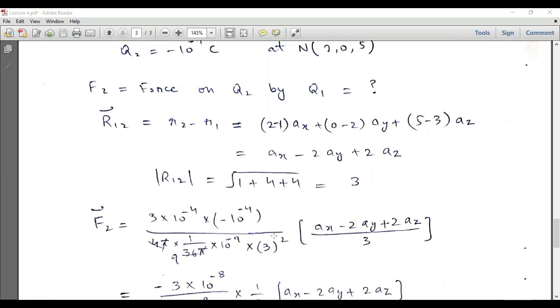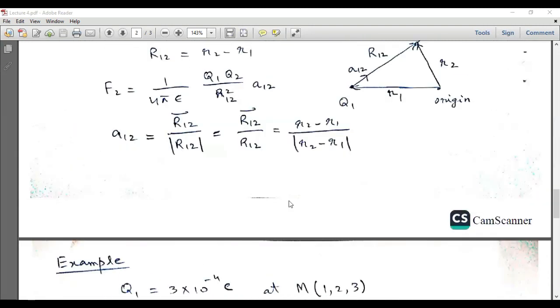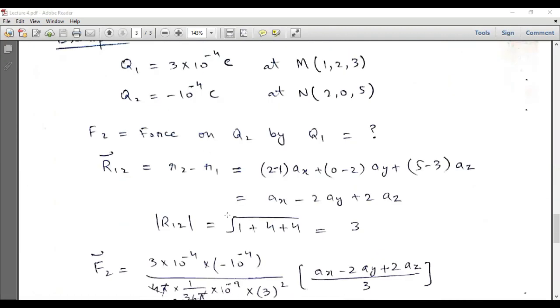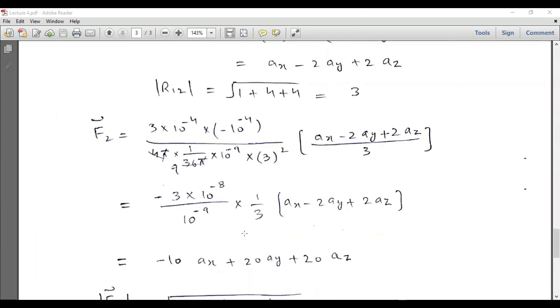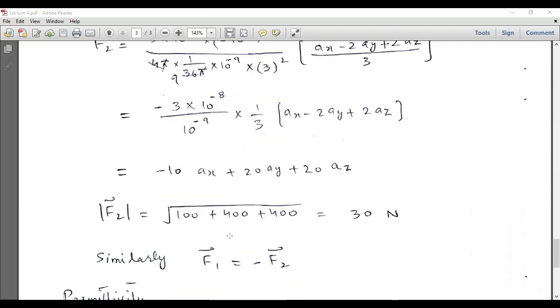So if one charge is negative and the other one is positive, the final force expression will automatically be in the opposite direction. So if we calculate the force using this expression, it will give us the correct polarity or correct direction of the force as suggested by the charge polarities.